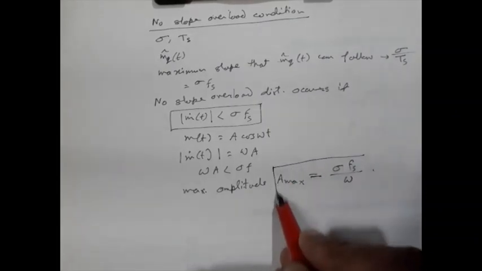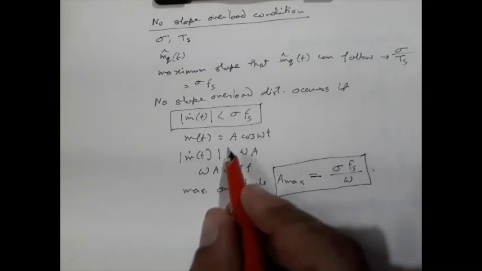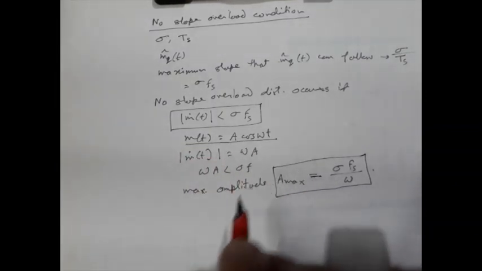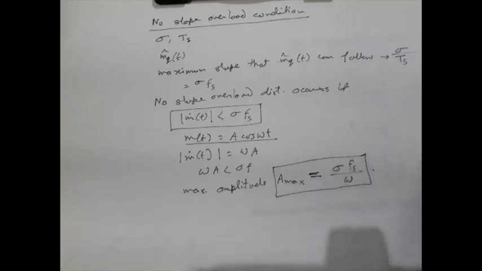So for a system we can get no slope overload condition when m(t) is a sinusoidal variation. The maximum amplitude of the signal may be determined from this relation.